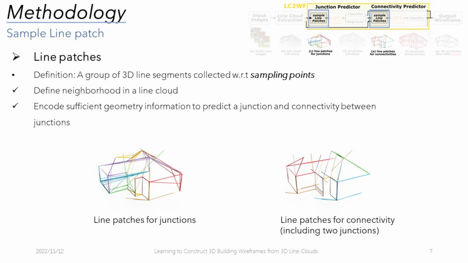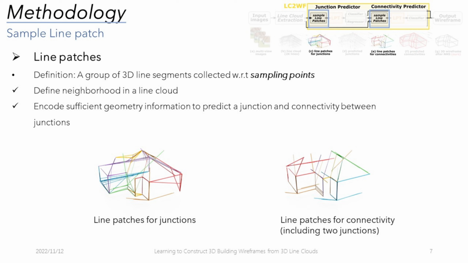After we get a building's line cloud, we need to build a suitable input to the network. Therefore, we decide to sample some line patches from the line cloud. A line patch is a group of 3D line segments collected with respect to sampling points. It defines a neighborhood in a line cloud and encodes sufficient geometry information to predict a junction or connectivity between junctions.